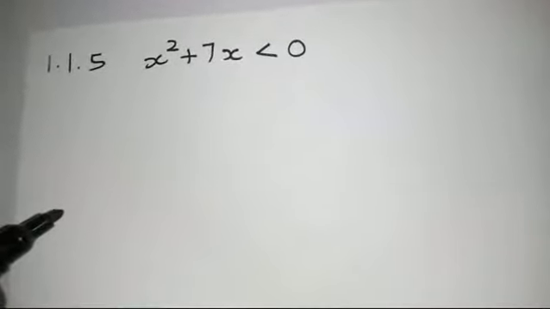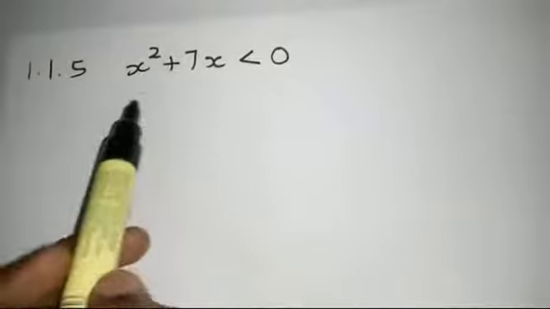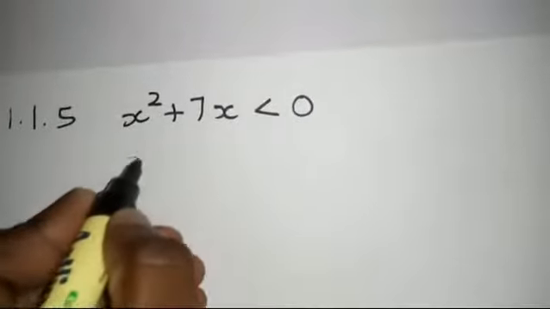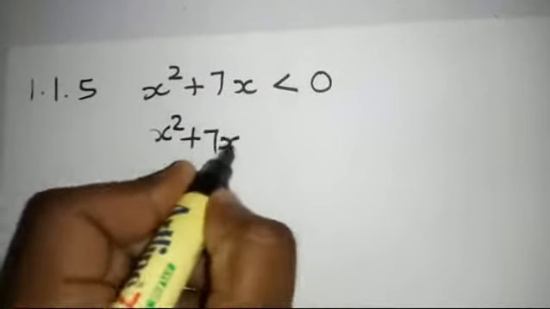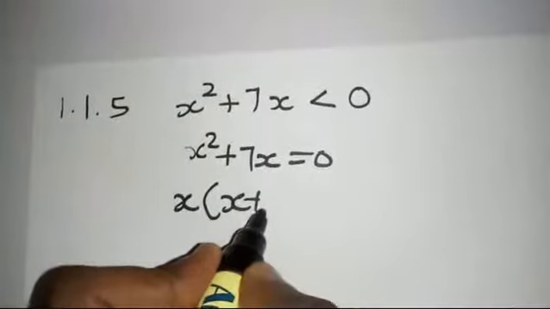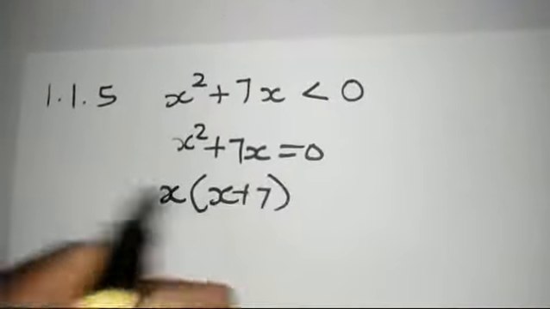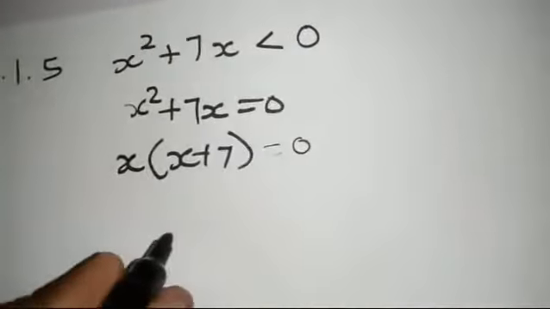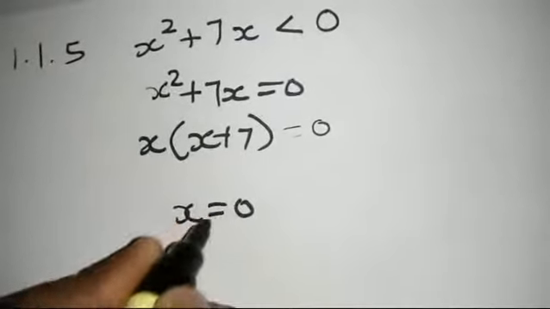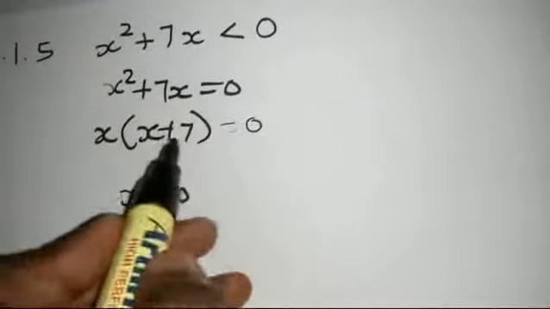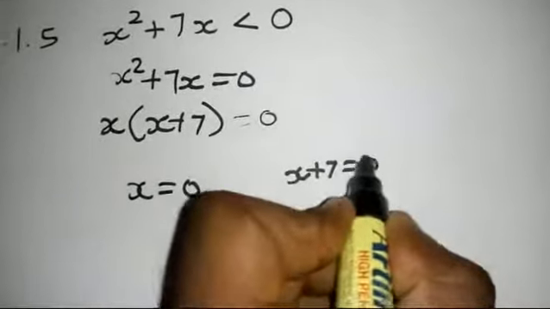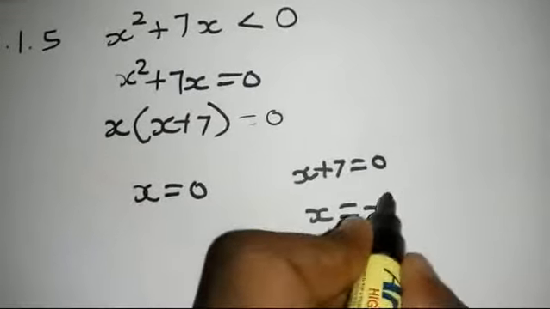And to find the critical values, we first treat this expression as though it were written like this. We factor out the x, then it will become like this. Therefore our critical values are what? x is equals to 0. When we separate these two brackets, x will be equals to 0, and then when we separate the other one, x is equals to negative 7.